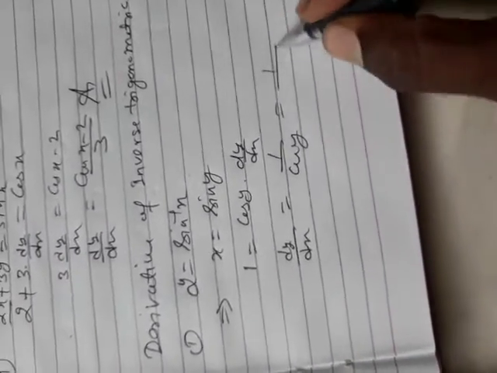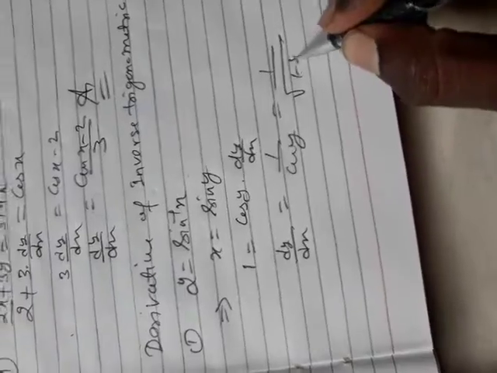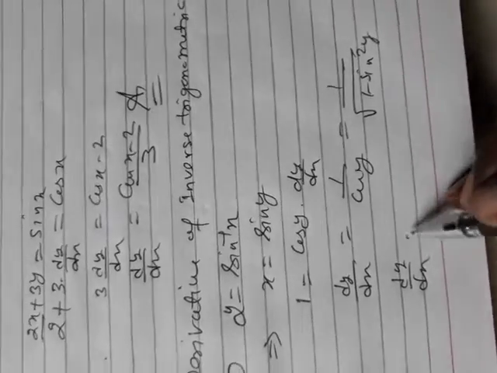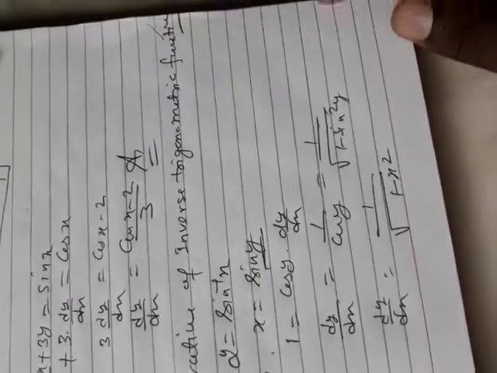Then 1 upon cos y can be written as 1 upon under root 1 minus sin square y. Since sin y is equal to x, we can write 1 minus x square.